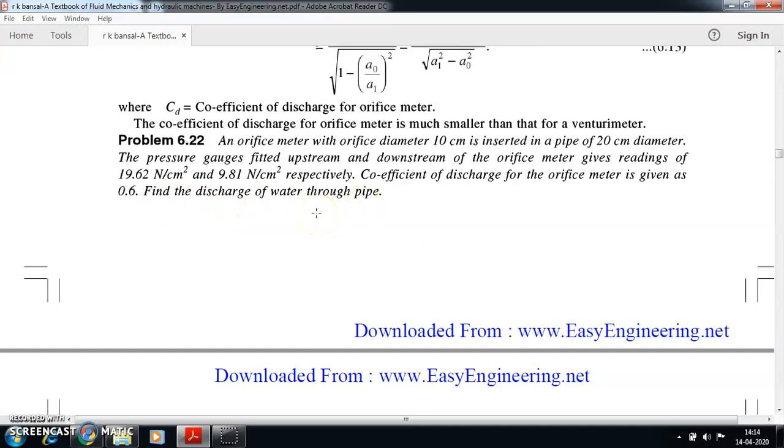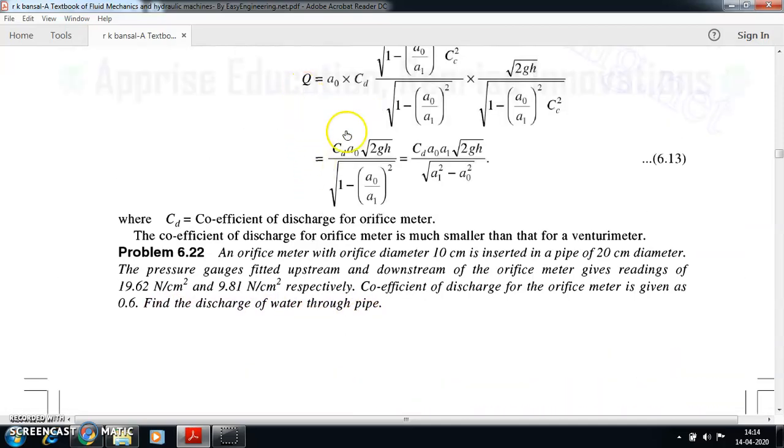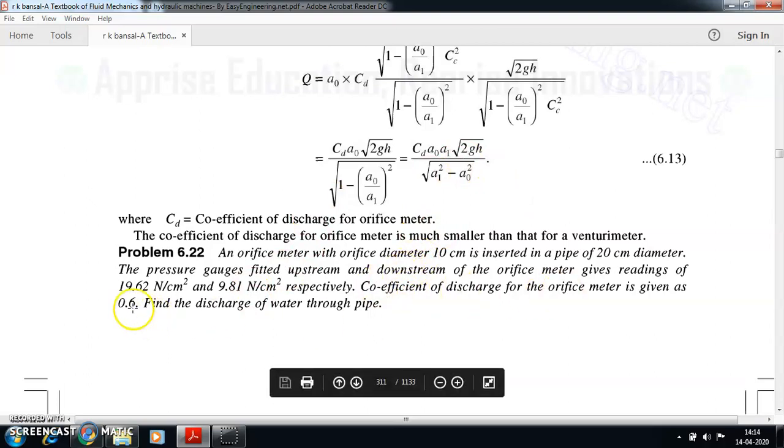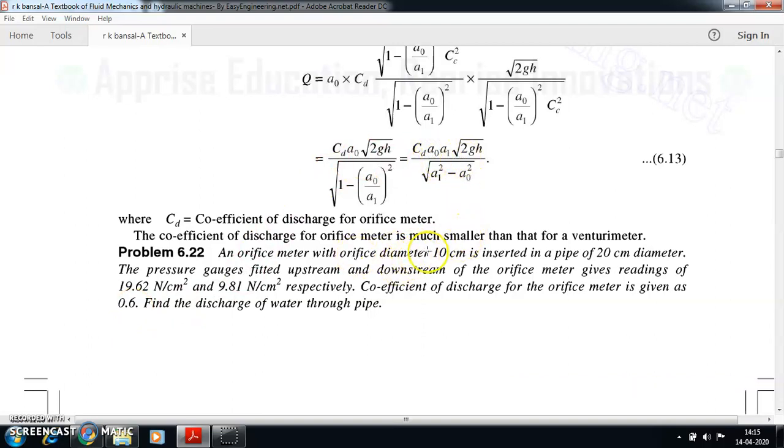See, if I want to find out the Q value, the Q will be given by CD value. I should know CD. So CD is given to you, the coefficient of discharge, that is 0.6 given in the problem. I should know A0 and A1. A0, the area of the orifice, can be found with the help of the orifice diameter.